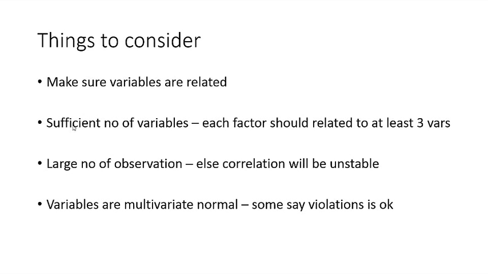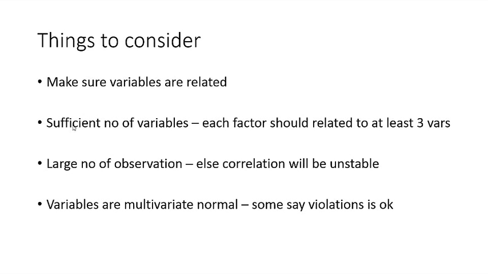At least three variables should be correlated among themselves so that at least one factor can be made out of the three variables. Make sure you have a large number of observations, because correlation is very unstable when we have a small number of observations. So the more observations we have, the better factor analysis can be done.